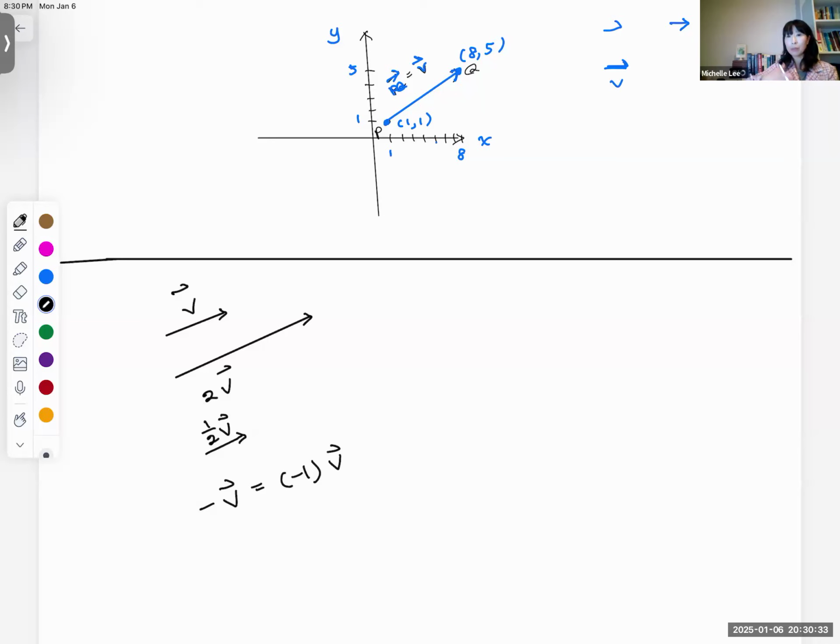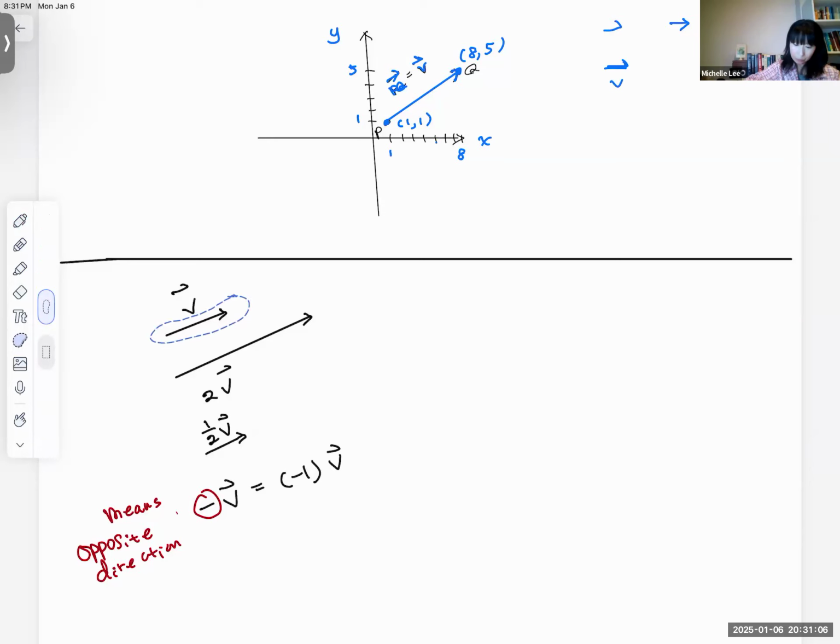So we keep the same magnitude, but because we have a negative, it has the opposite direction. So let me write down: negative means opposite direction. Okay, so how about this then? Yeah, copy.